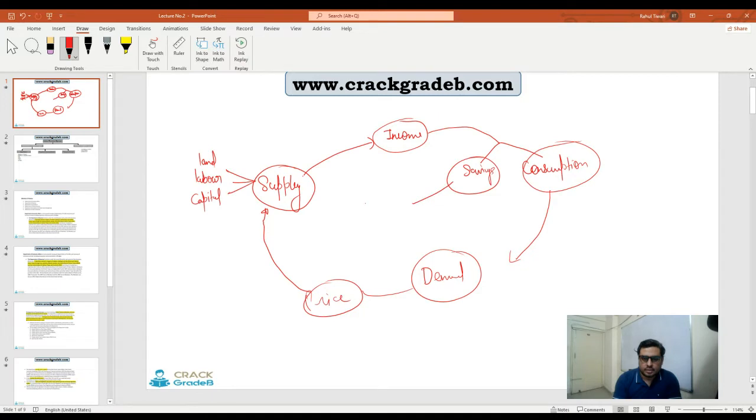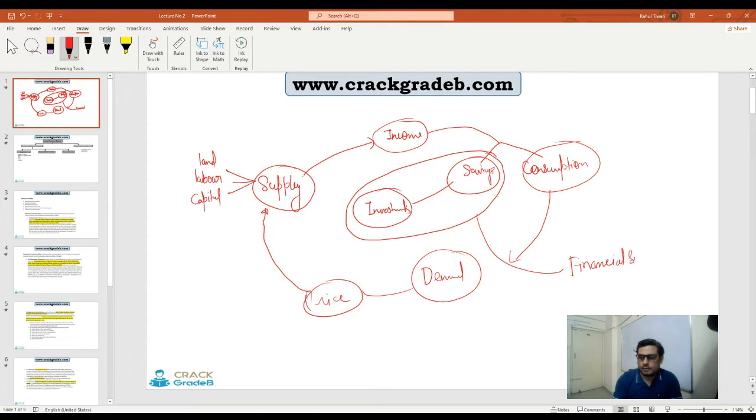Our savings can be converted into investments. The part which converts our savings into investments comes under the category of the financial system.